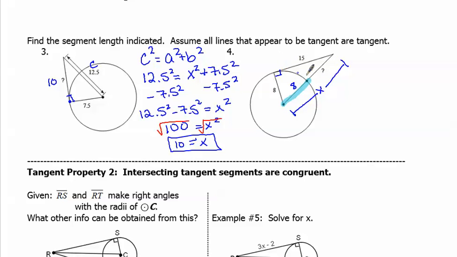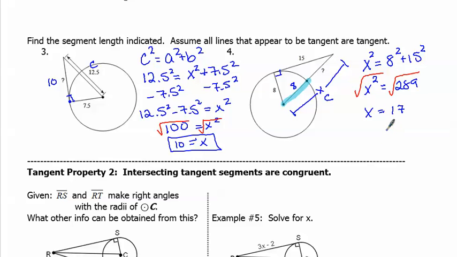This would be my 90-degree angle, so this is my c. x squared equals 8 squared plus 15 squared. I plug this into my calculator and I get x squared equals 289. Then I'm going to take the square root, and when I take the square root, what do I get? x equals 17. I'm not done.